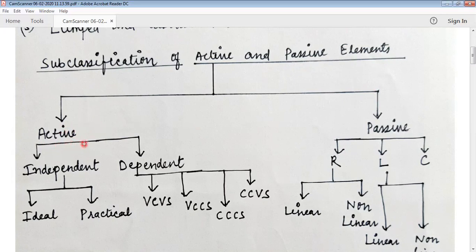Op-amp is also a dependent active element, and it has the property of internal amplification.